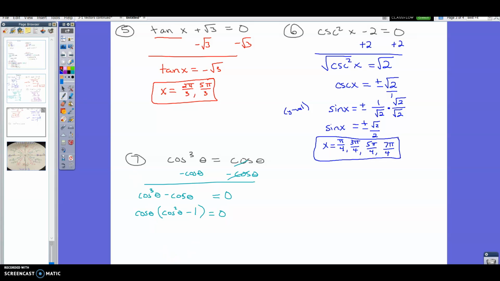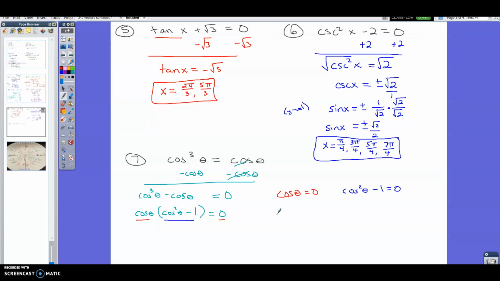Now this one requires a little bit more work. So we do need to take each of these factors and set them each equal to 0. So we're going to take cosine of theta, set it equal to 0. And we're also going to take cosine squared theta minus 1 and set that equal to 0.